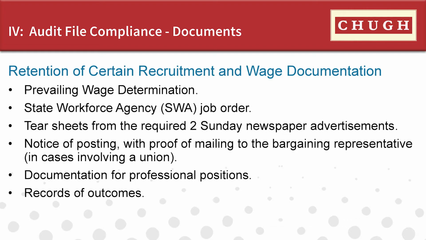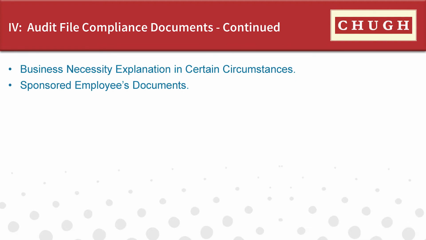There must be documentation of contact with any potentially qualified applicants, including copies of emails, telephone logs, notes from any job interviews with the candidate, and documentation of rejection of applicants. It also includes the business necessity explanation in certain circumstances.